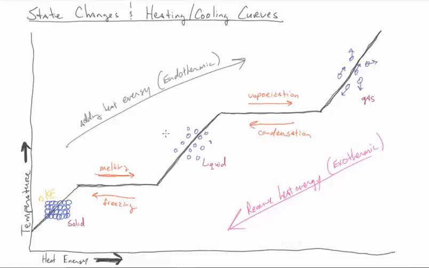Same thing for a liquid, right? Where I have an increase in temperature, I have an increase in kinetic energy, or if it's decreasing, it's a decrease in kinetic energy if we're going the opposite direction. All right? So we need to understand, because remember, kinetic energy and temperature are related in the fact that temperature is just a measure of the average kinetic energy of the molecules, right? And so if I'm changing temperature, I'm changing kinetic energy.